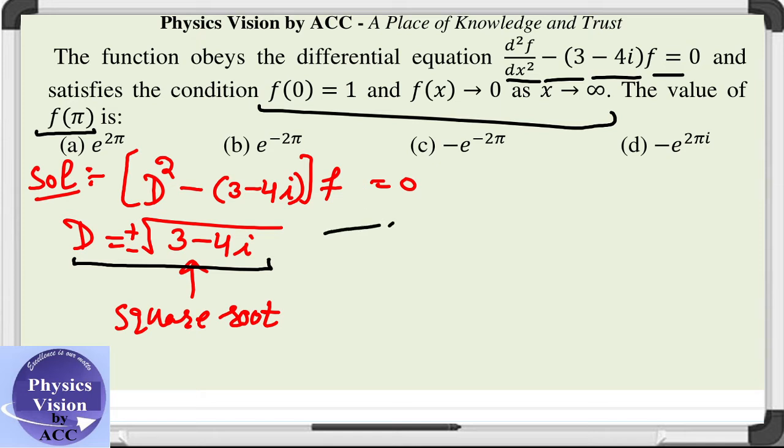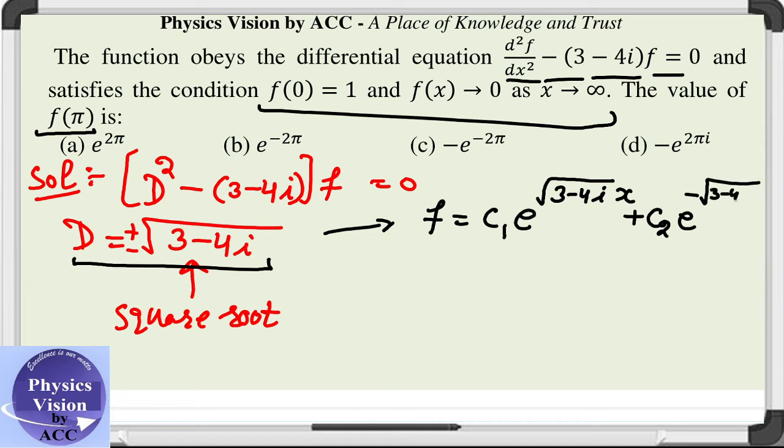Since there is a plus minus sign in the D value, it will be written as f equal to c1 e raised to the power (square root of 3 minus 4i) x plus c2 e raised to the power minus (square root of 3 minus 4i) x.